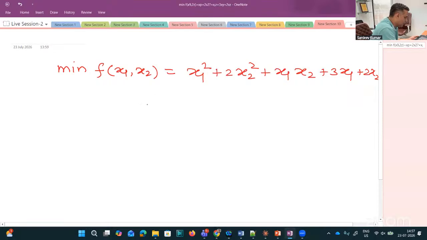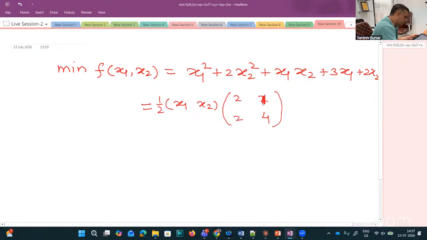So this I can write as x1, x2, and I will write half, and then it will be 2, and this will become 4, this will become 2, 2, or 1, yeah. 1 from here, 1 from here, and then x1, x2, plus f transpose x.